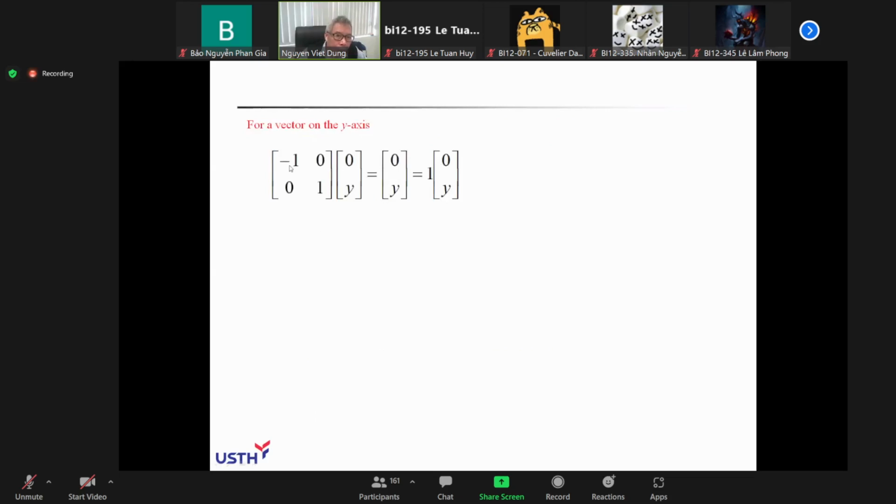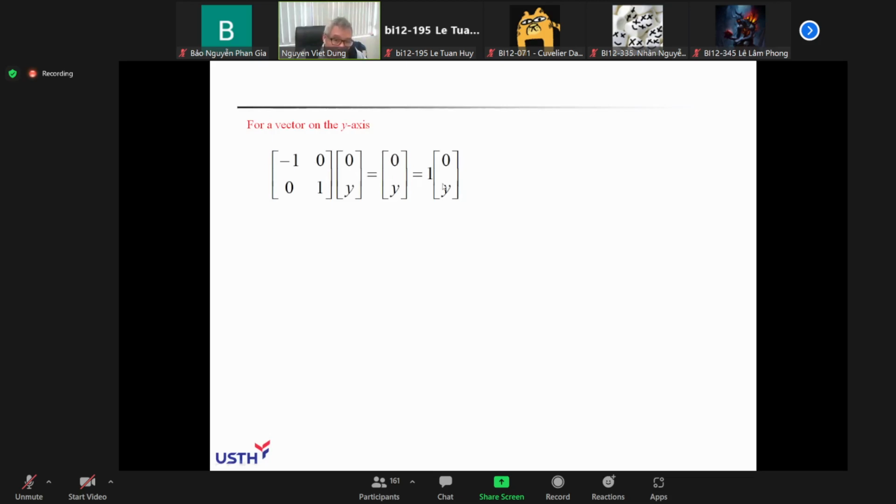Similarly, if you consider a vector lying on the vertical axis, that is the y-axis like that, it will have coordinates (0, y). If you multiply the matrix A by (0, 1), nothing changes. You get (0, 1) again.